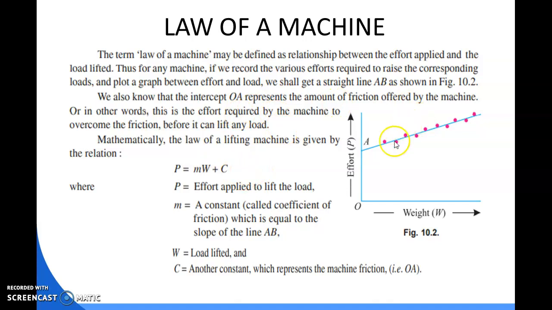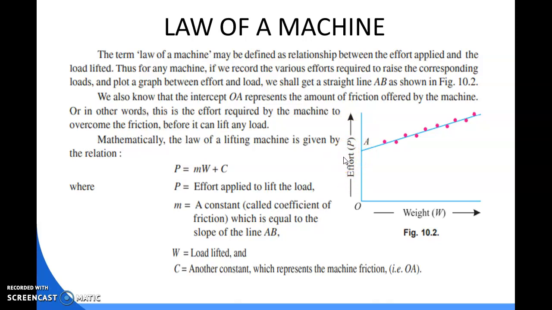You can see this straight line, and these are the points which are the values of various efforts required to raise the lifted load. In the x-axis we have the weight, and along the y-axis we have the effort load.